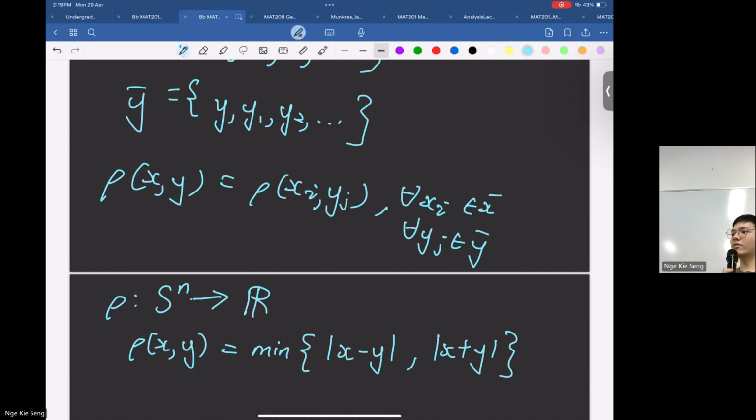One of them is 0, meaning either x minus y equals 0 or x plus y equals 0, where the length is the normal Euclidean length. So either y equals x or y equals minus x. So it induces a pseudo metric on this space.